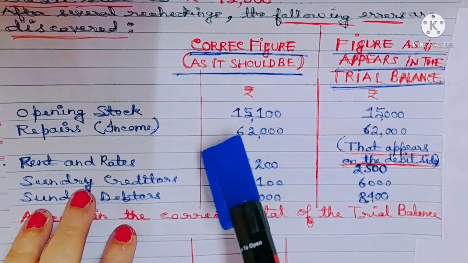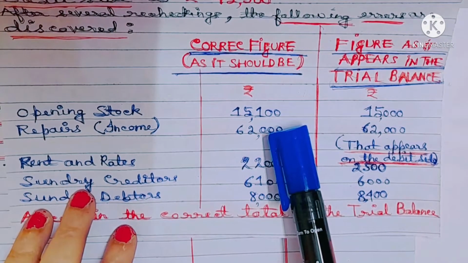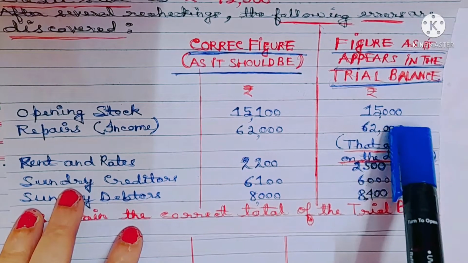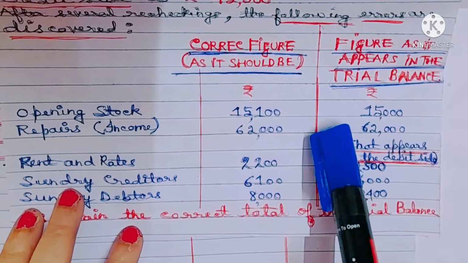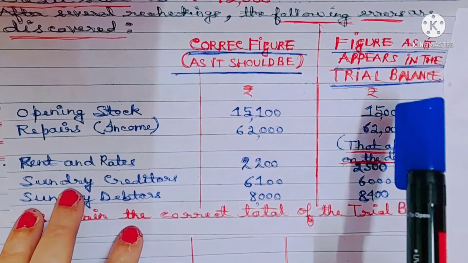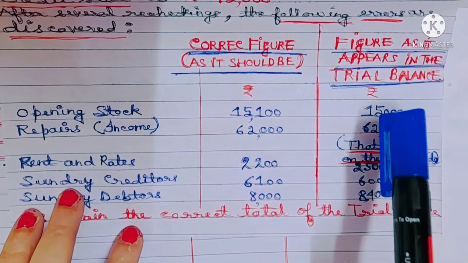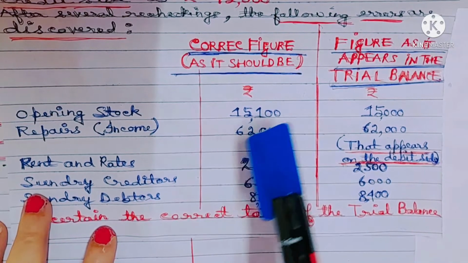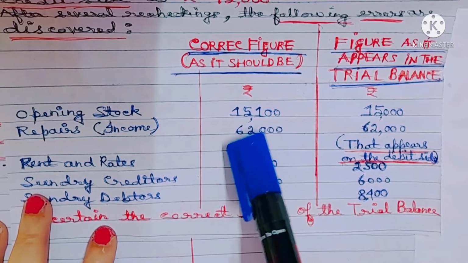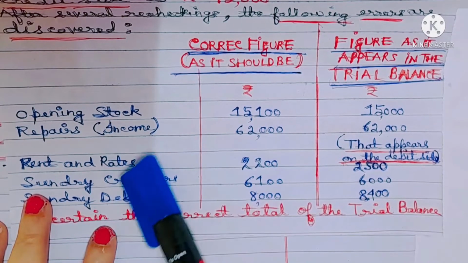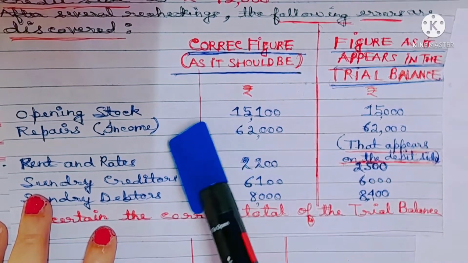Since opening stock is 15,100 and the figure shown in the trial balance is 15,000, rupees 100 has been shown less, so we'll have to add rupees 100 in the debit column. Why? We have to show plus 100 in the debit column because opening stock has a debit balance.